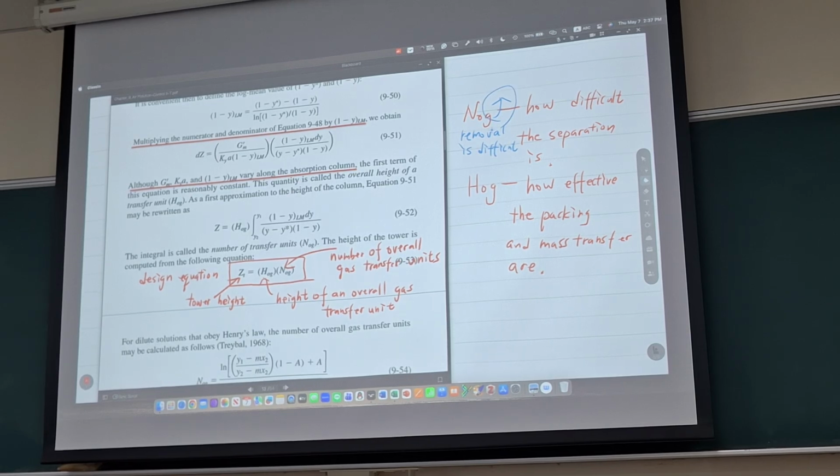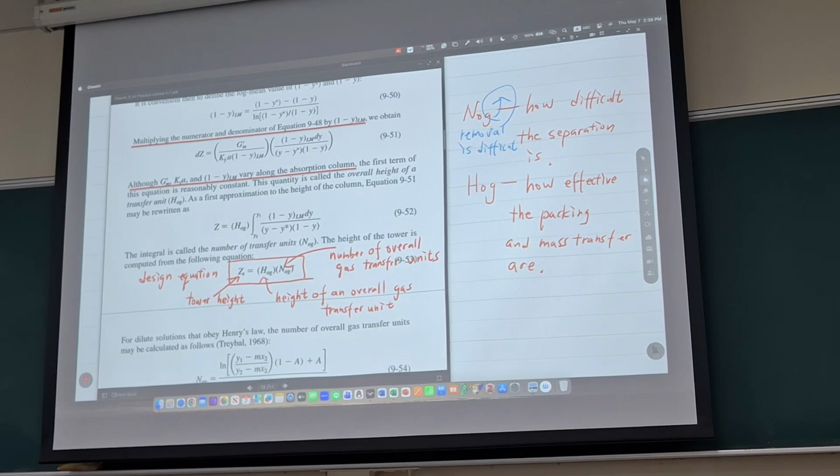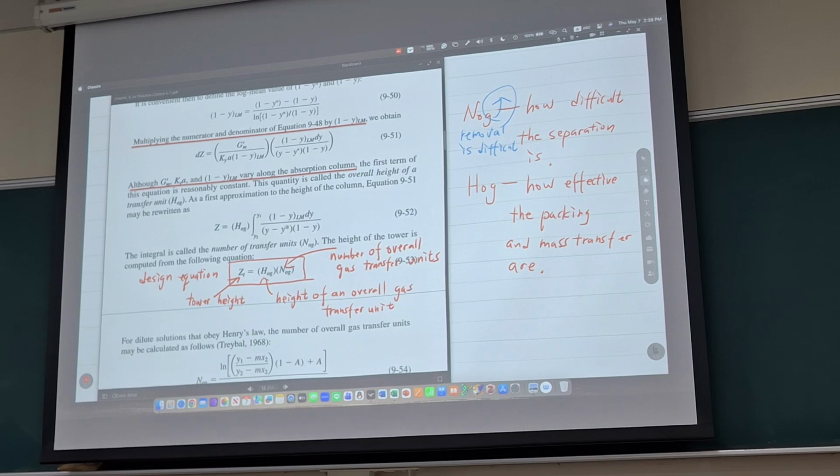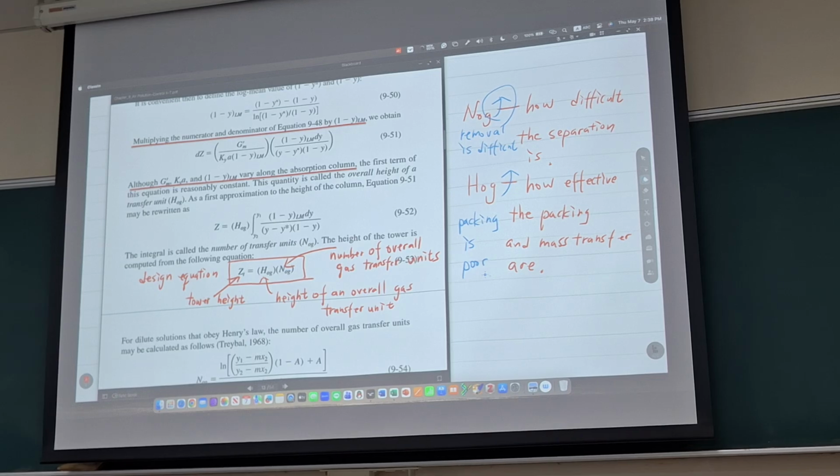If HOG is very big, that means your packing is fouled. You need to change or you need to reset the packing.